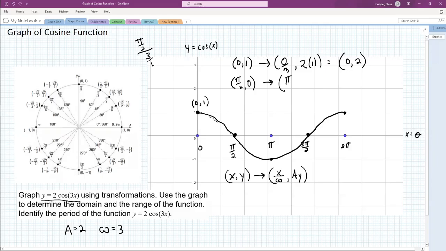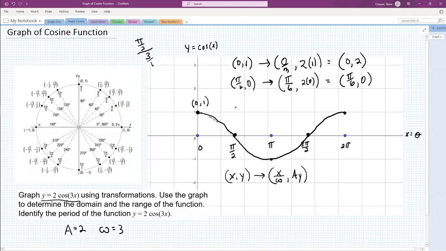Okay, pi over 2 divided by 3 is pi over 6. And then our old y was 0, so if I take 2 times 0, of course, I'm still going to get 0. So the second point is going to become pi over 6, 0.